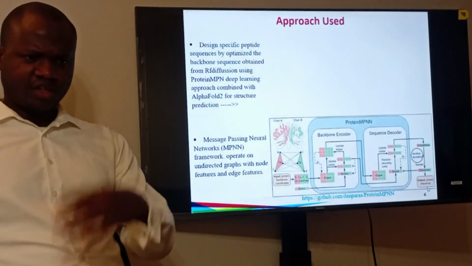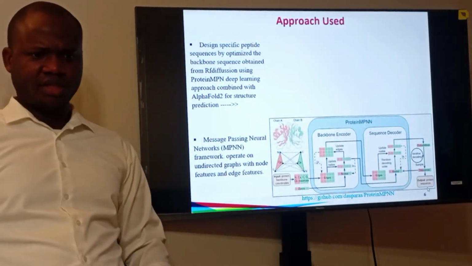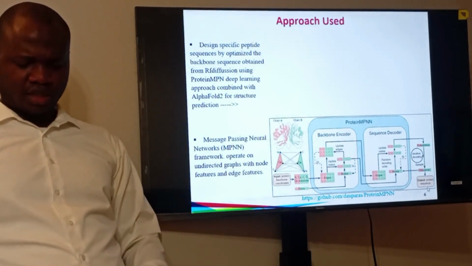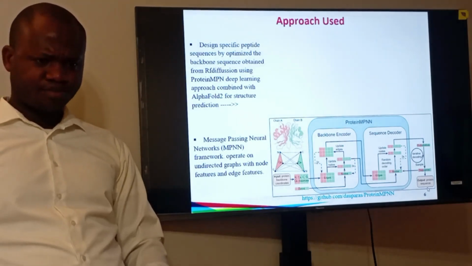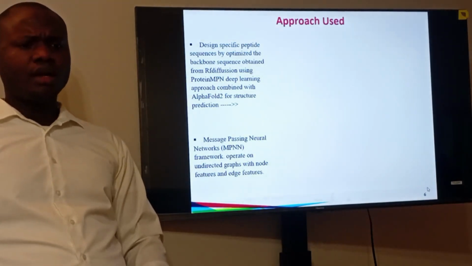So this is an overview of how MPNN works, and I provide the GitHub link in this particular slide.